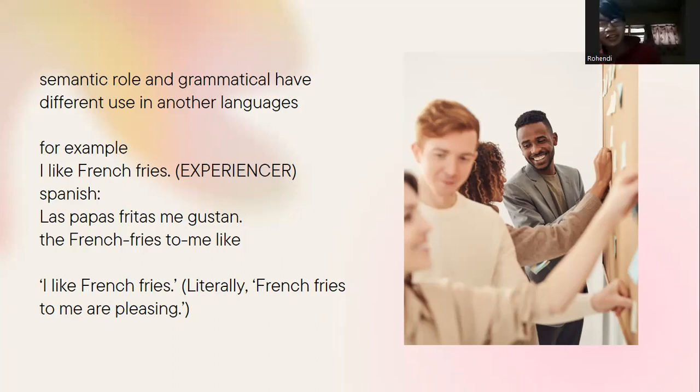Jadi nggak beda gitu, bukan experiencer lagi. But literally ini artinya French fries to me are pleasing. Yeah. I like French fries. It's the same, but for the semantic role itu different. Jadi begitulah teman-teman. Ada problematikanya juga ya. Tapi artinya di setiap bahasa itu punya perbedaan-perbedaan sendiri. Itu yang saya pahami. Next.